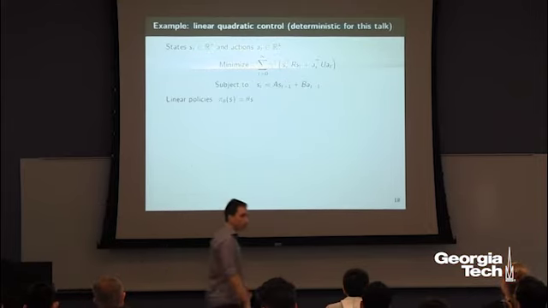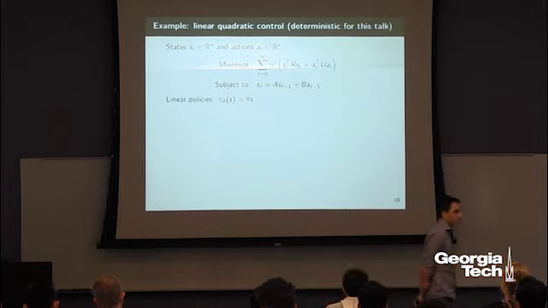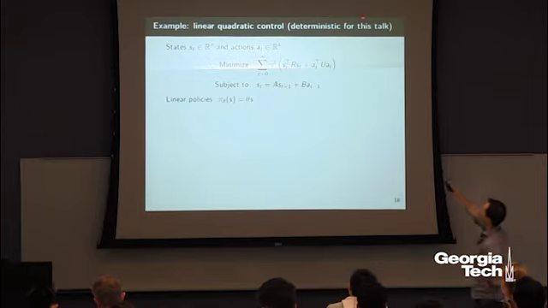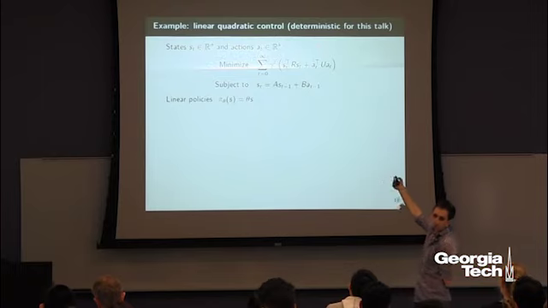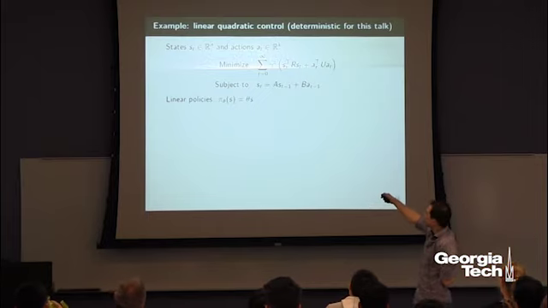Okay. So let's go through this concretely for one of our motivating examples, which is linear quadratic control. Just for simplicity, I'm going to treat in this talk the deterministic version of linear quadratic control, so there's no noise in the dynamics. This is a problem where states evolve according to linear dynamics.